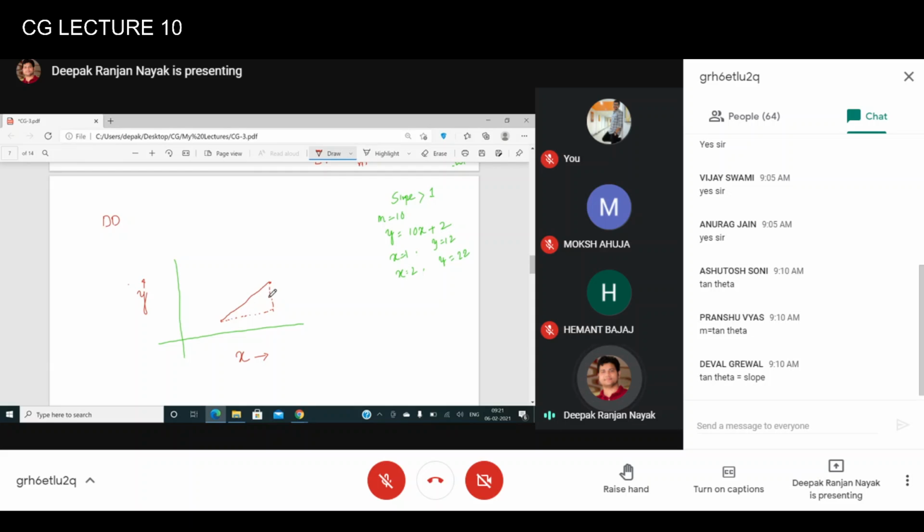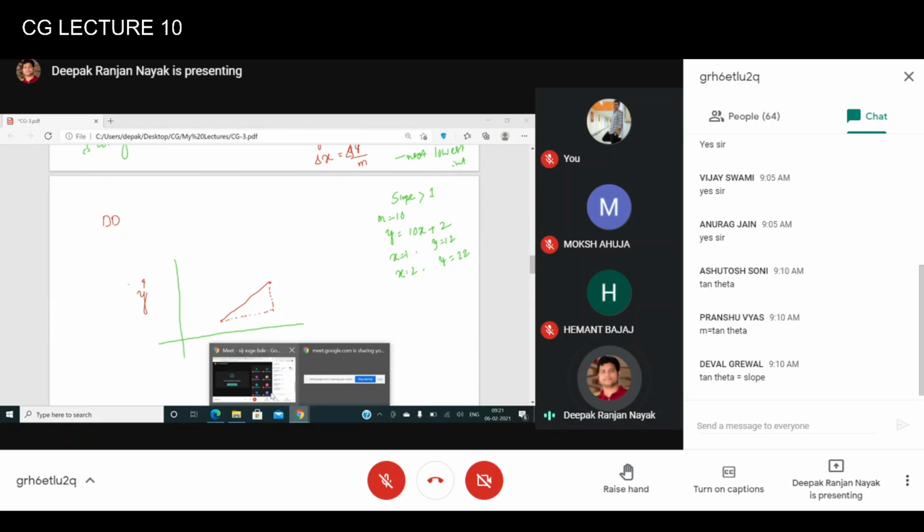If my two points are here and here, what I know is that slope is change in y divided by change in x, or the difference in y divided by the difference in x. What I've seen right now is del x is greater than del y. So what value will you get for the slope?